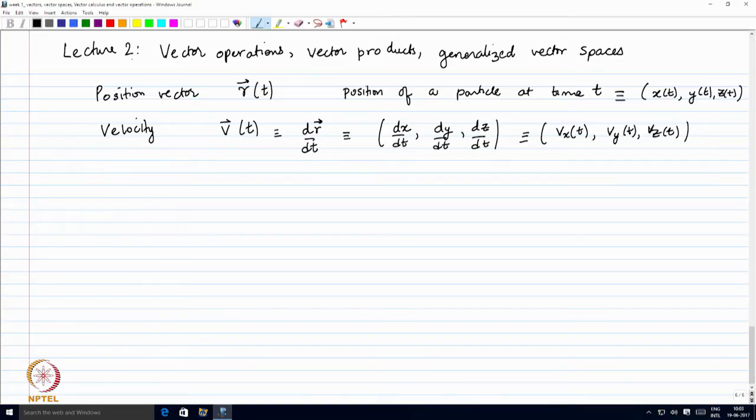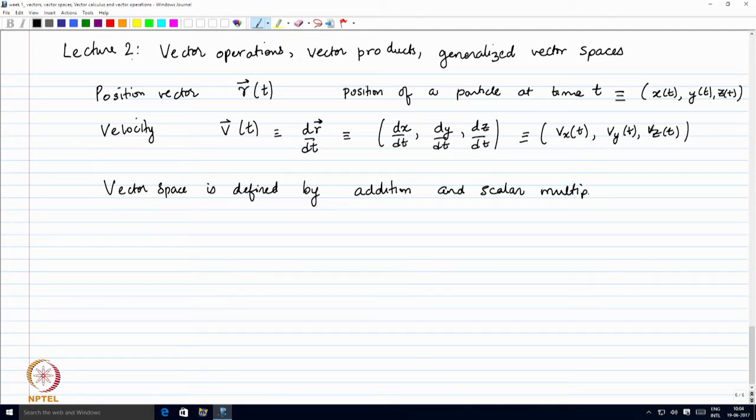Now, when we talk about operations on vectors, the vector space is defined by 2 operations, namely addition and scalar multiplication.